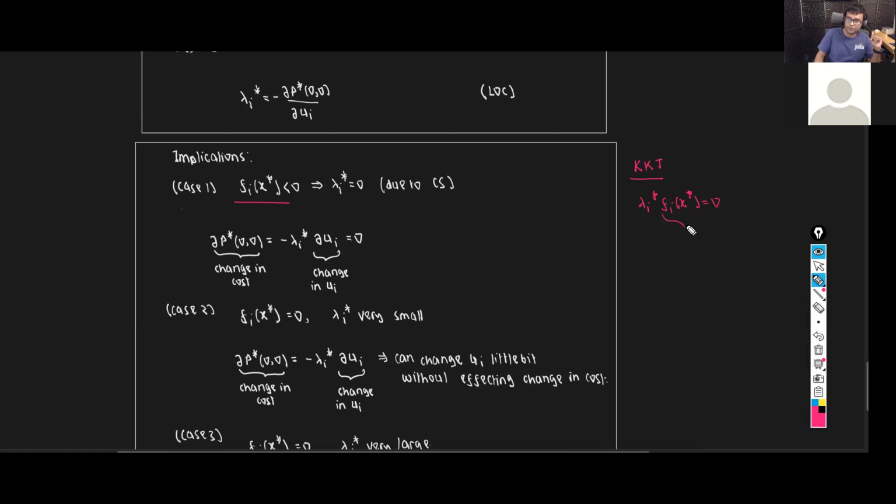So if f_i is strictly less than 0, then lambda_i star has to be equal to 0, right? So what does it mean?